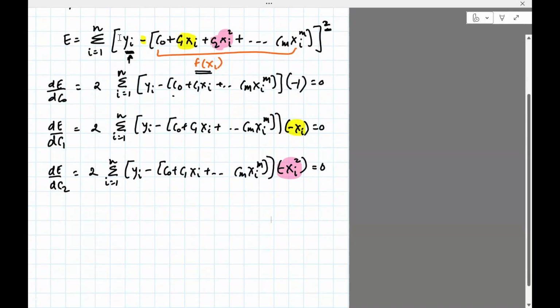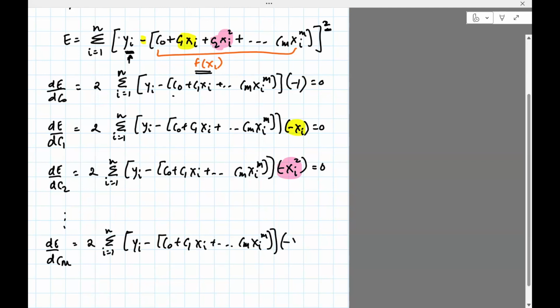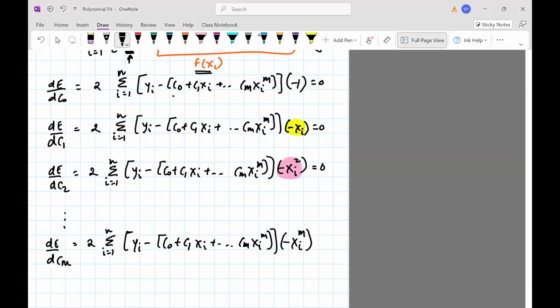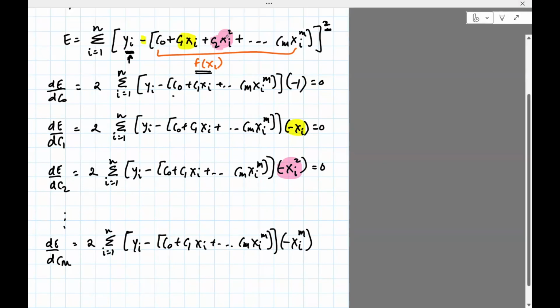Yeah, so we keep doing this till we reach dE/dCm equals the summation from 1 to n of yi minus (C0 plus C1 xi plus so on Cm xi^m) times minus xi^m. That's the last term that will show up here.